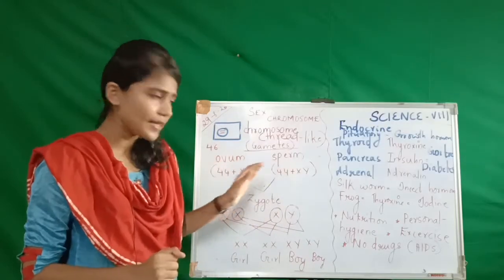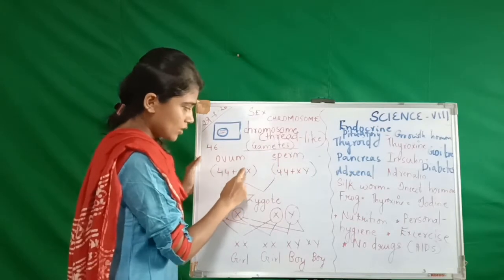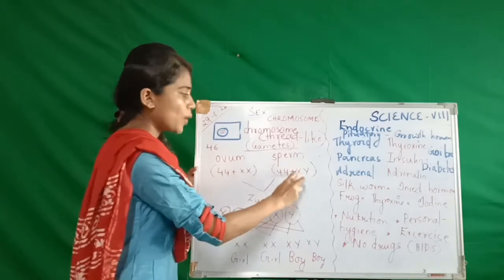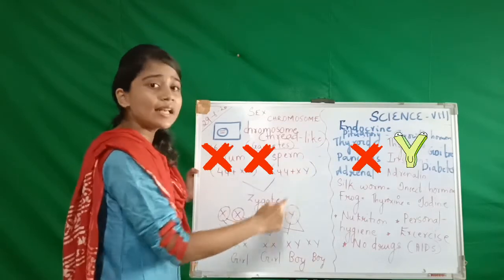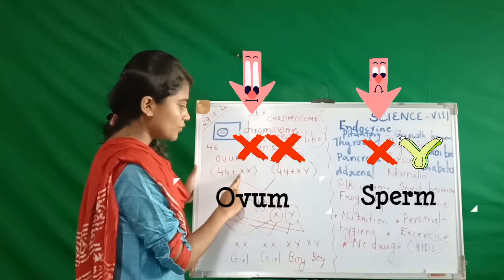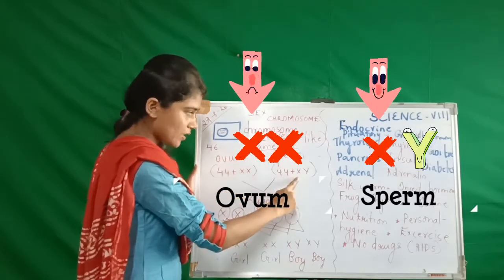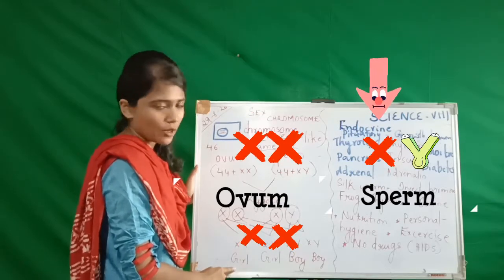So when they combine together, there are two X, and one X and Y, so one of these combines with the other and it determines the sex of the baby. For example, if the X of the ovum combines with the X of the sperm, that is both X come together and a girl baby is formed.